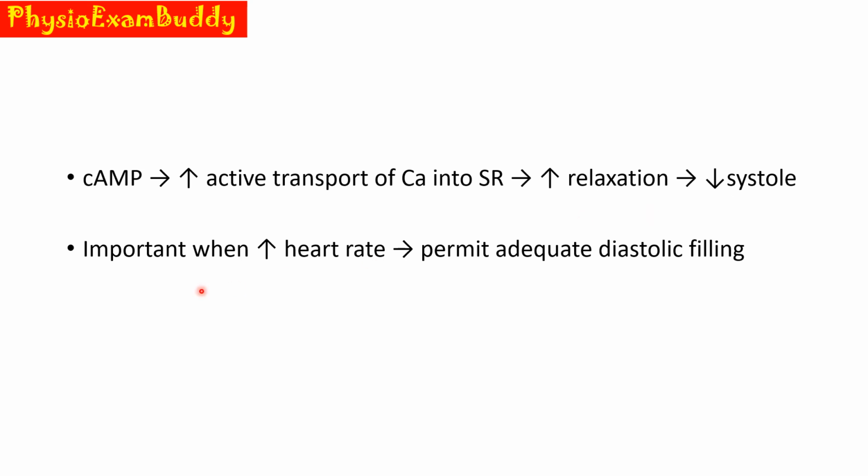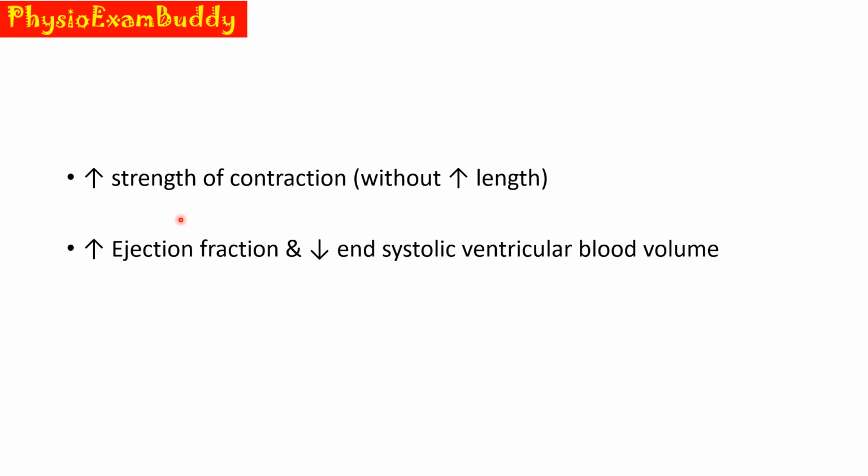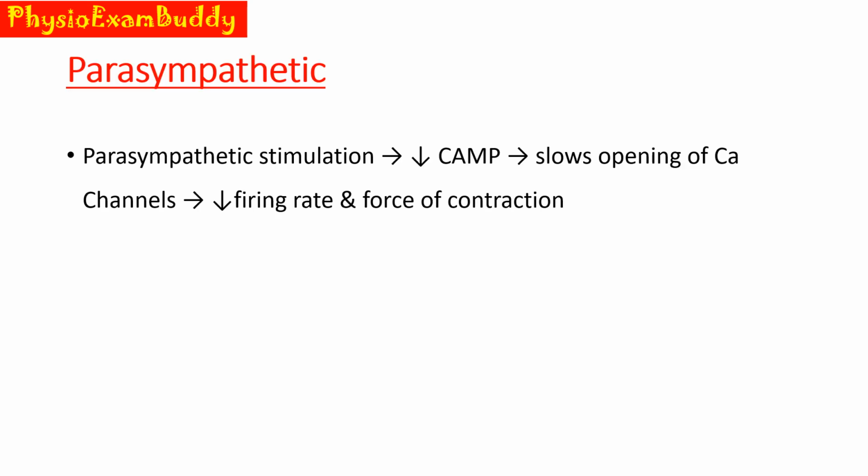This is especially important whenever our heart rate is increased, as it will permit adequate diastolic filling, that is, our end diastolic volume will increase and thereby the cardiac output also increases. And this increase in the strength of the contraction or myocardial contractility occurs without an increase in length, and thereby it also causes an increase in the ejection fraction as well as a decrease in the end systolic ventricular volume.